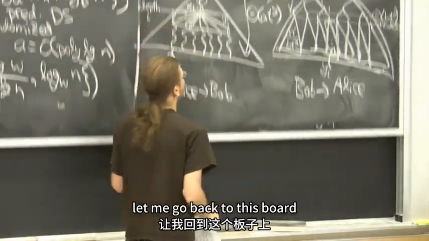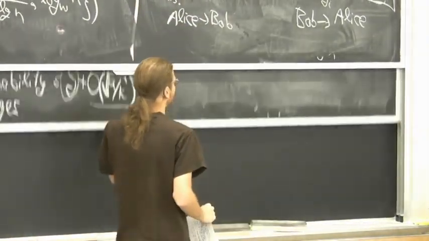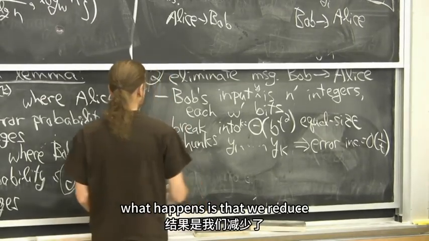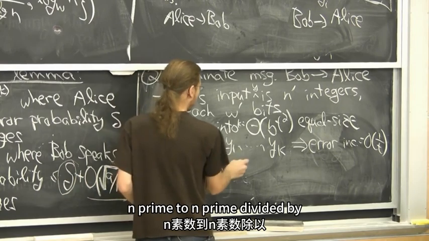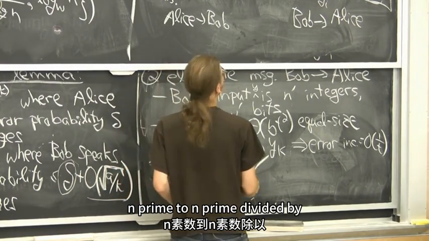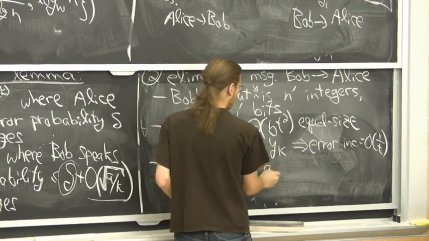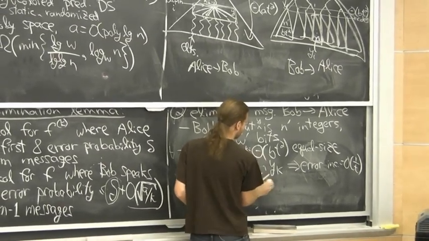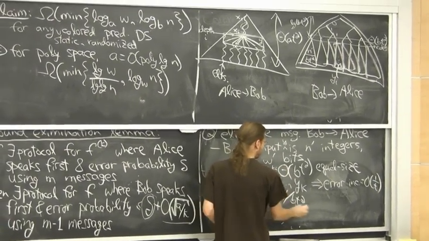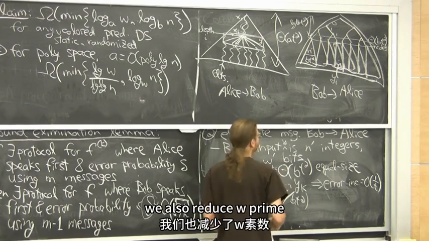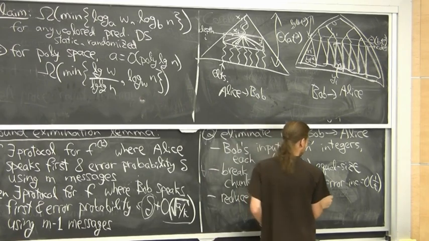So let me go back to this board. What happens is that we reduce n prime to n prime divided by theta of bt squared. We also reduce w prime.